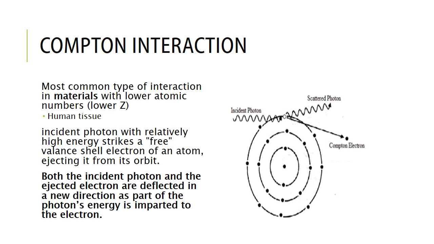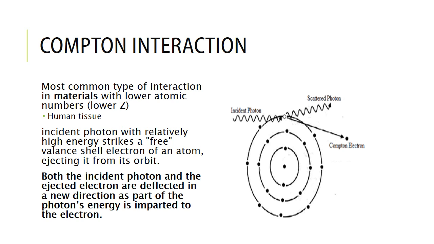The Compton electron, I should say, is also sometimes called the recoil electron. So it's going to impart a lot of its energy to the Compton electron, and the scattered photon is only going to retain a small fraction of its initial energy.